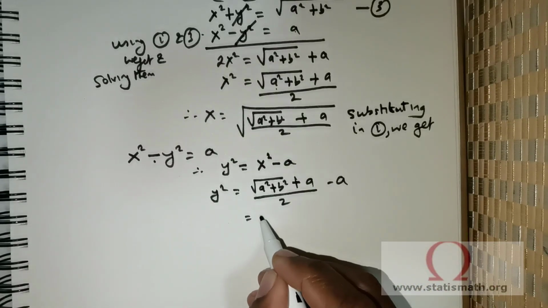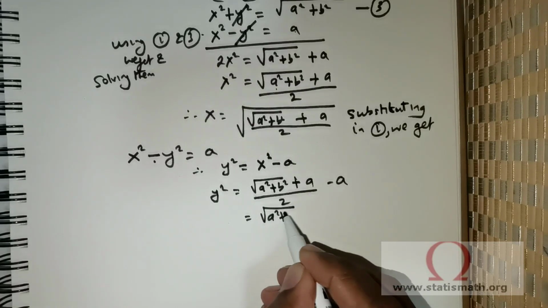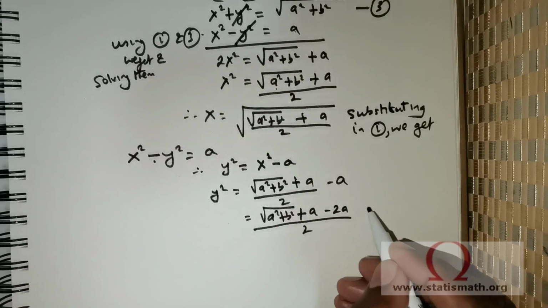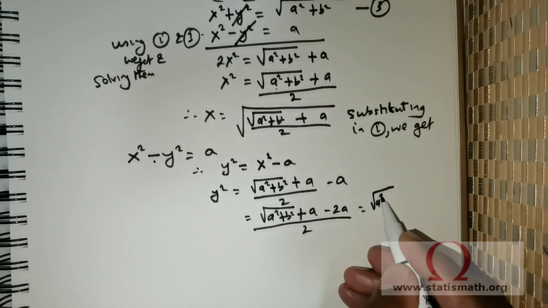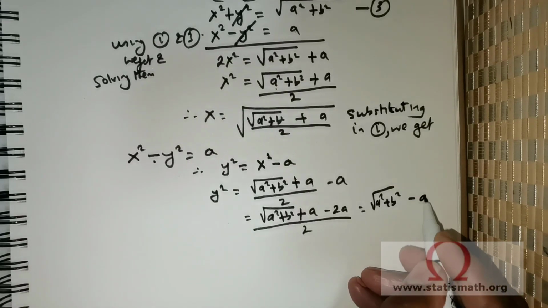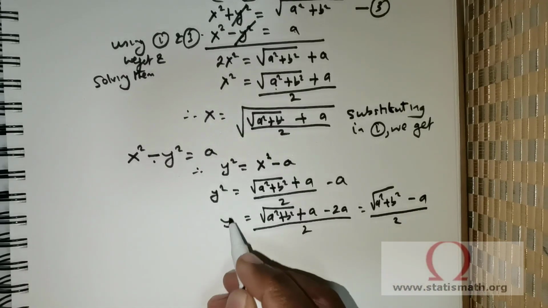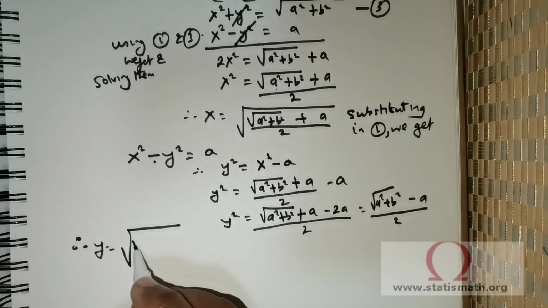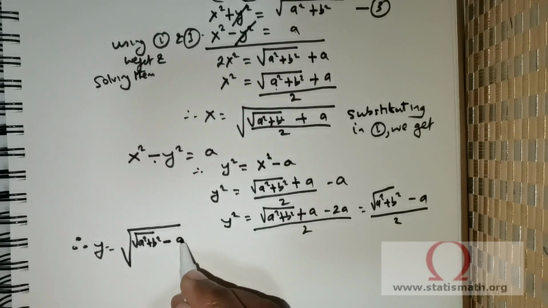So this is equal to root of a squared plus b squared plus a minus 2a divided by 2, which is root of a squared plus b squared minus a divided by 2. This is my y squared. So therefore y is going to be equal to root of (root of a squared plus b squared minus a divided by 2).